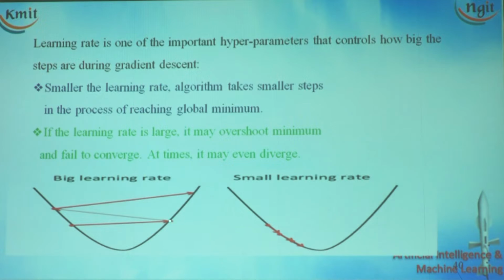And then the next value it is giving here, and here, and it is going up. So what is our intention? Our intention is to minimize the cost, but what it is doing? It is increasing, right? But if you take the small learning rate, to reach from here to here it is taking so much time. So many steps will be taken.